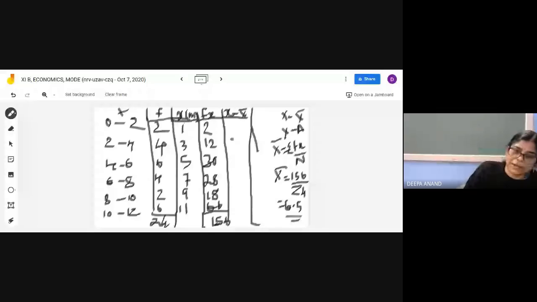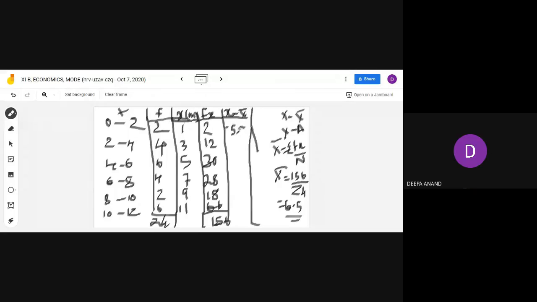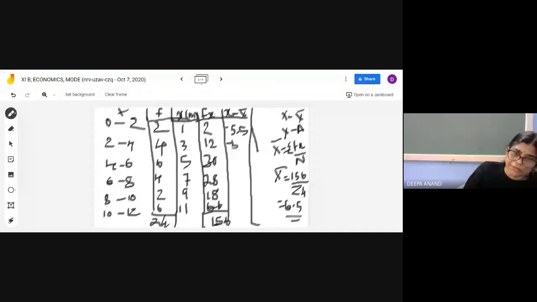Minus 5.5. Ab 3 hai to minus 3.5. Minus 1.5. Point 5. 7 mein to 0.5 aayega. Ab 9 mein to kya aayega? 2.5 aayega, hai na? 11 mein kya aayega? 4.5 aayega.